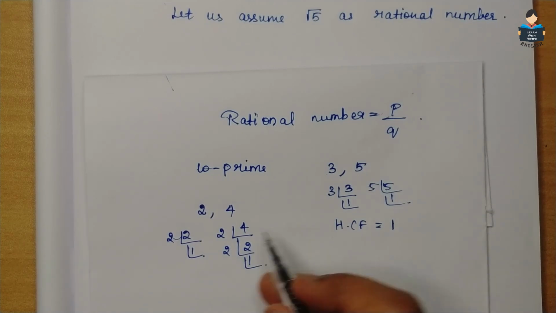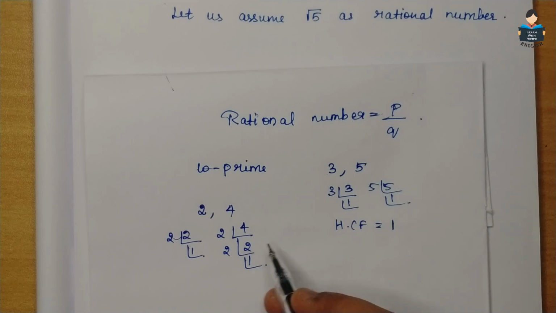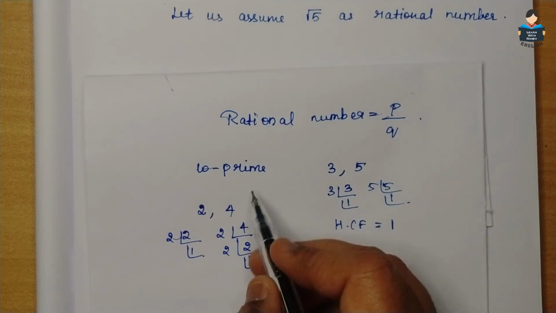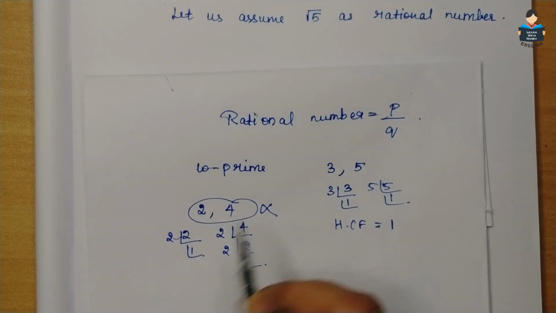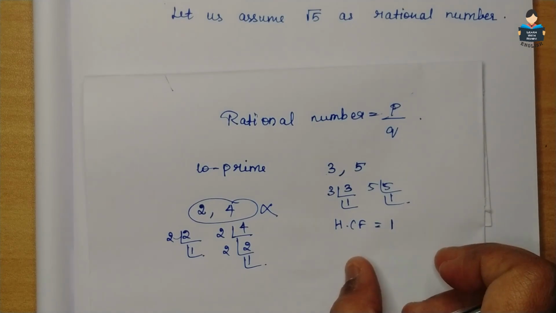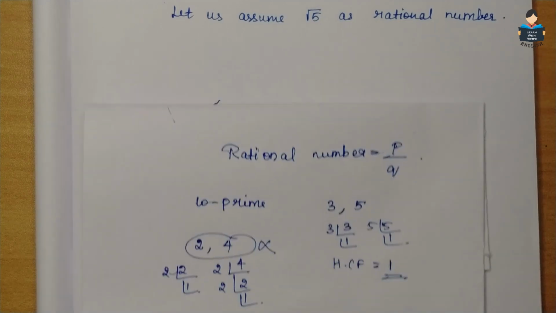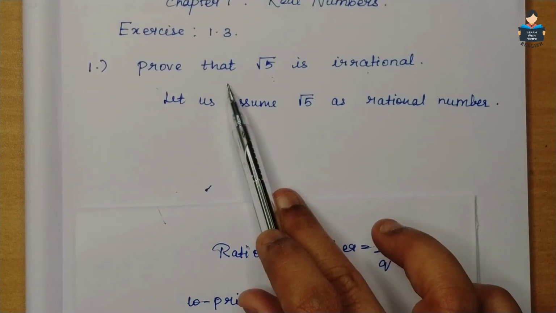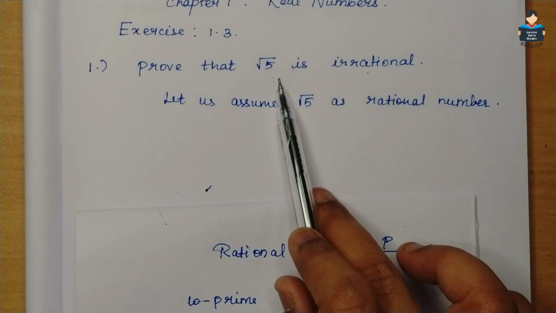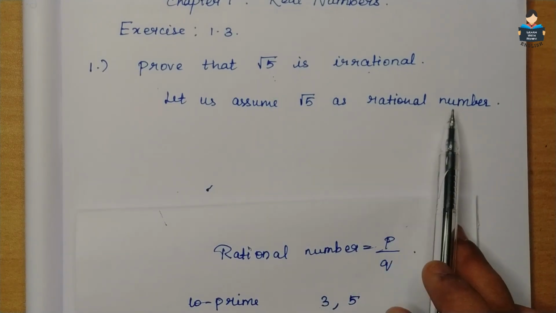They have their highest common factor as 2. So these two numbers are not co-prime numbers. So co-prime numbers are those numbers whose HCF is 1. In this question, the first step is we are going to take root 5 as a rational number.